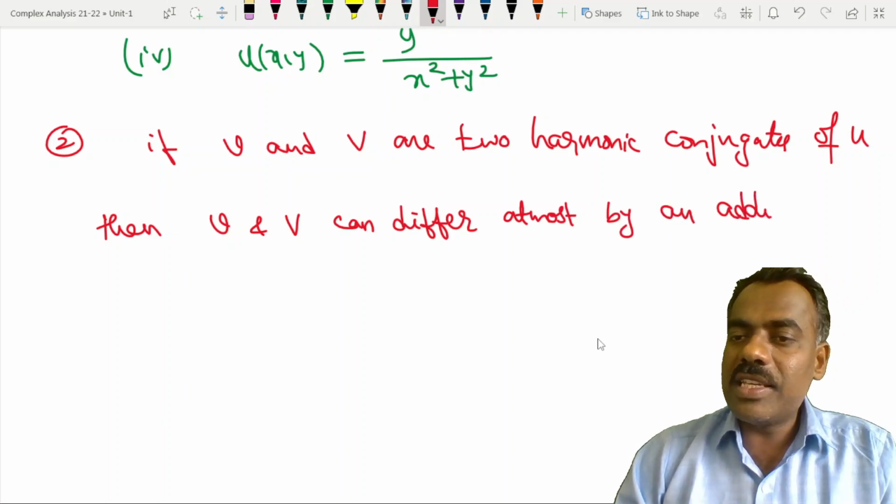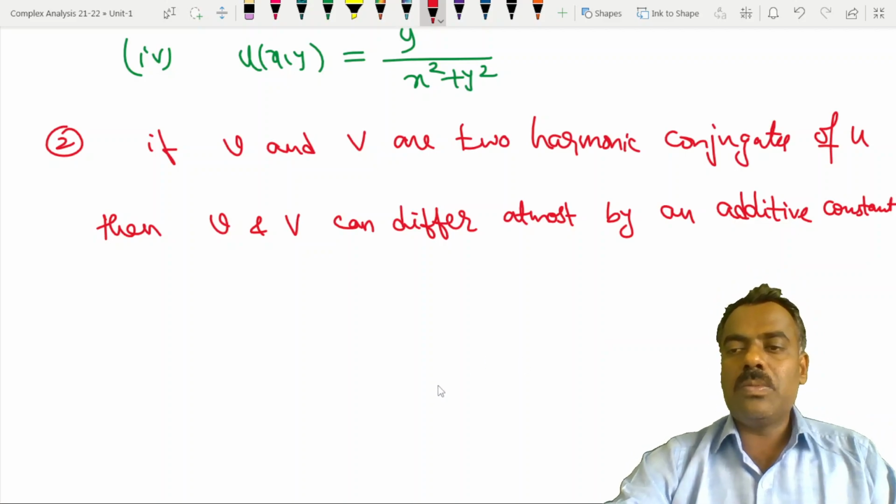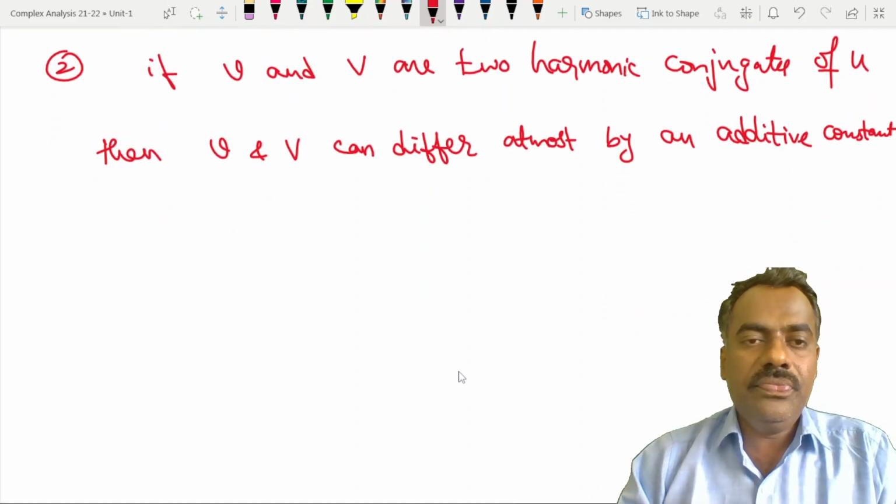What is the meaning of saying this? Can somebody tell? What is the meaning of saying that they differ by at most an additive constant?